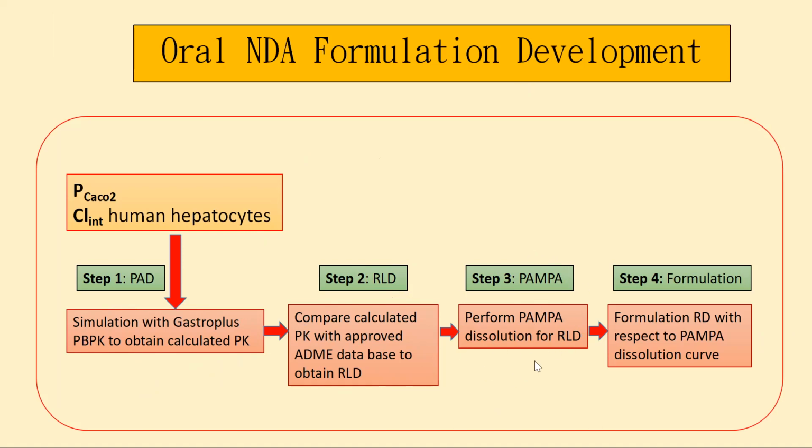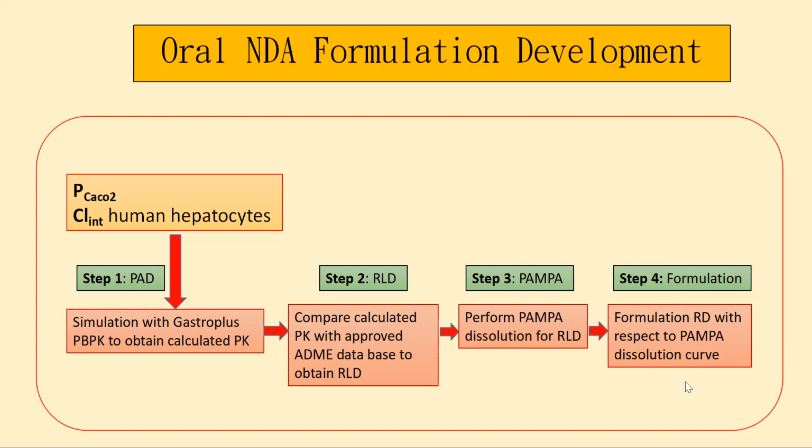You get the permeation curve generated from PAMPA dissolution. Then you can start your formulation by comparing your formulation's permeation with respect to the IOD permeation. Once they are fairly close, that means your formulation is done.